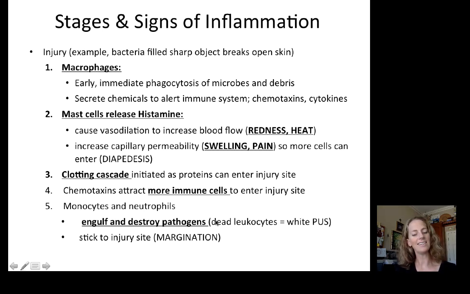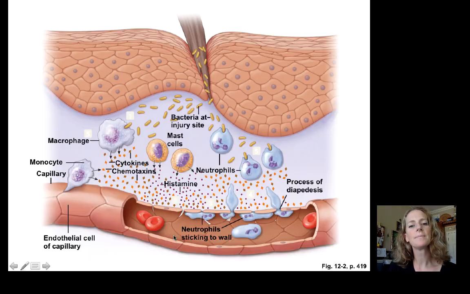As an aside, a bunch of dead white blood cells, because you had a ton recruited to the injury, accumulate at an injury and form pus. That's a white exudate that is going to be pushing out of that injury, and that causes pus. When the white blood cells stick to the injury site, that is called margination.